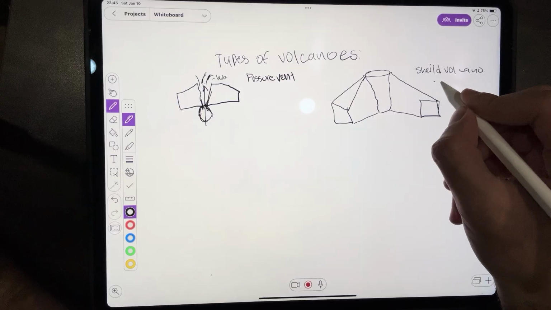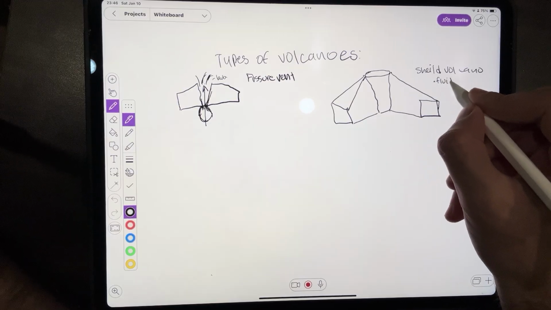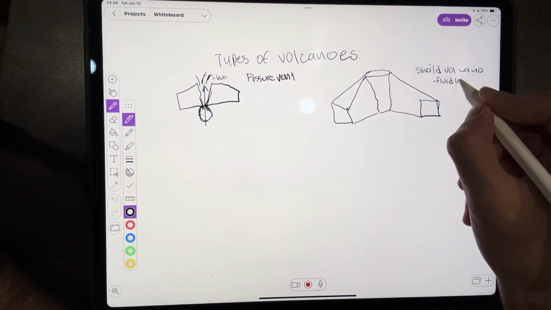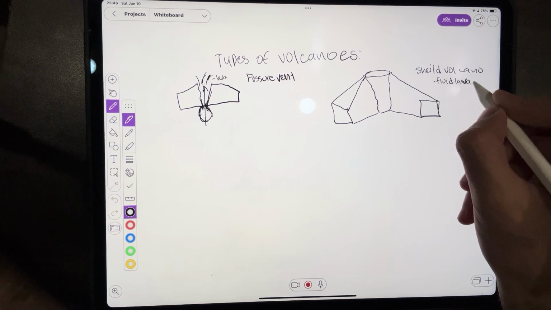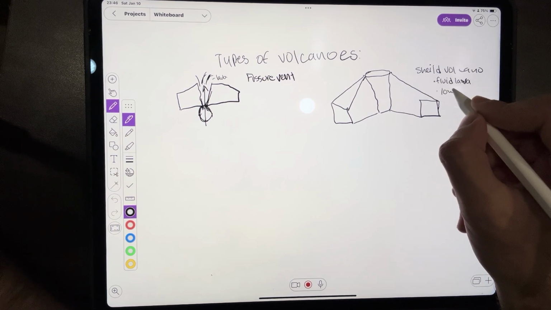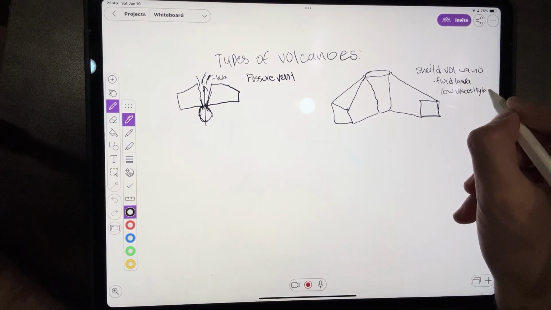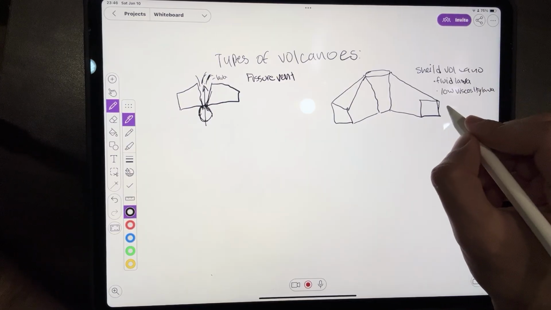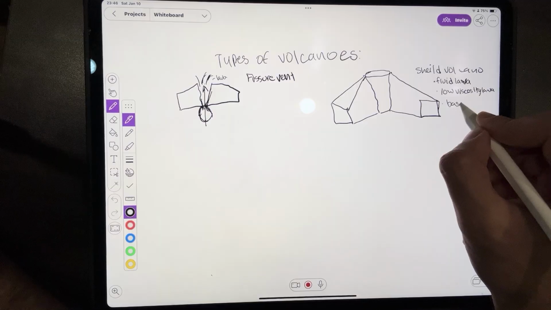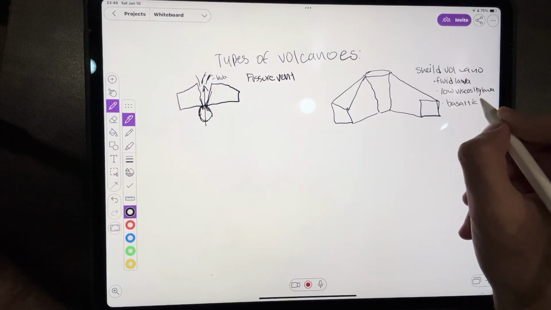So it's fluid lava, low viscosity, and it's basaltic lava.